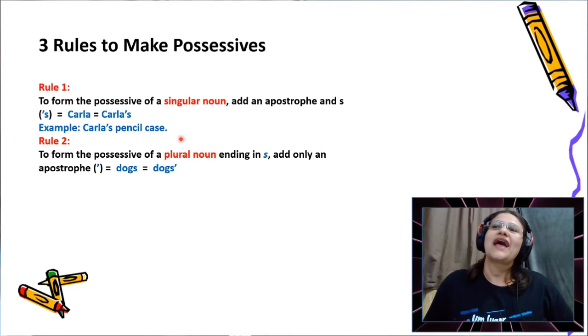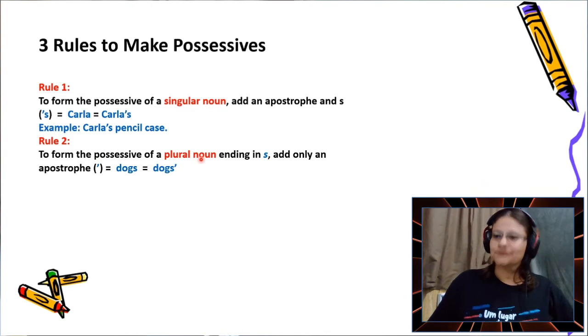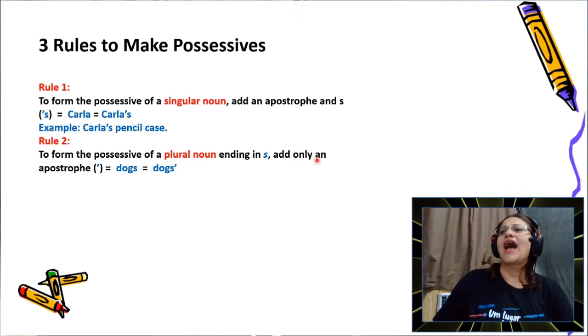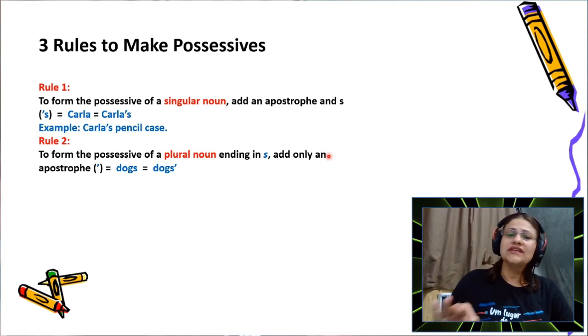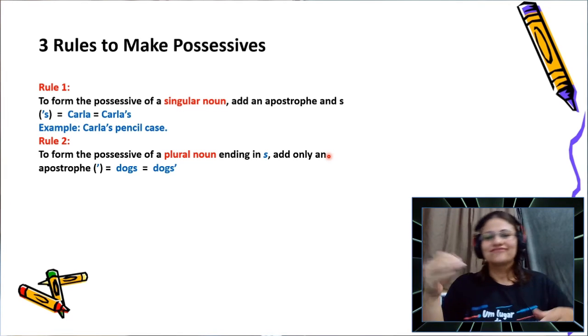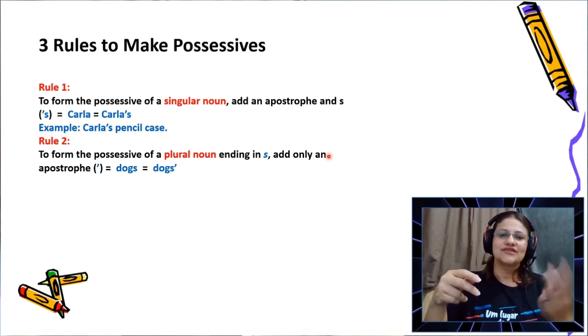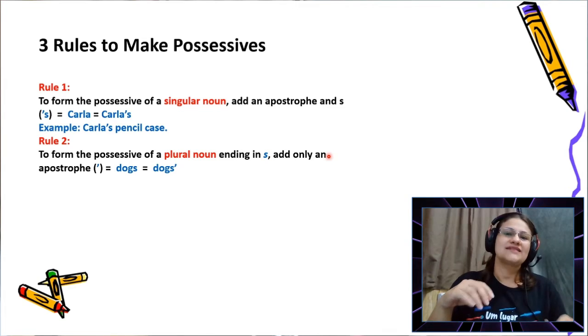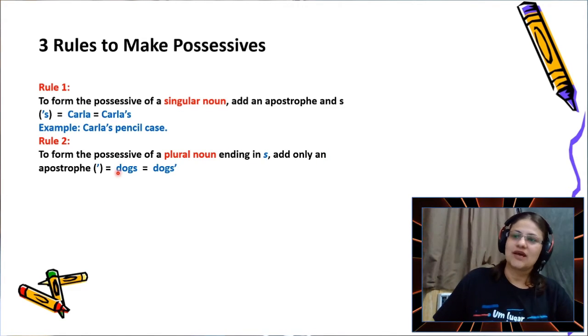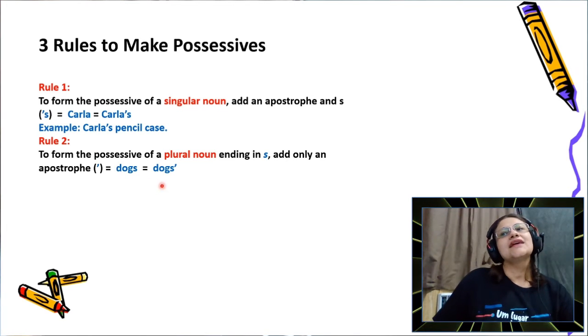So when I have a plural noun ending in an S, I add only the apostrophe, because I can't write the S two times. The letter S can't repeat. So I have here, for example, dogs, more than one, is a plural, and I just add the apostrophe.